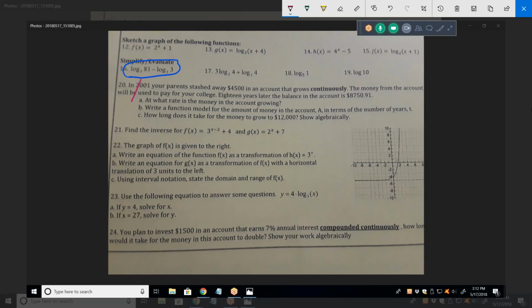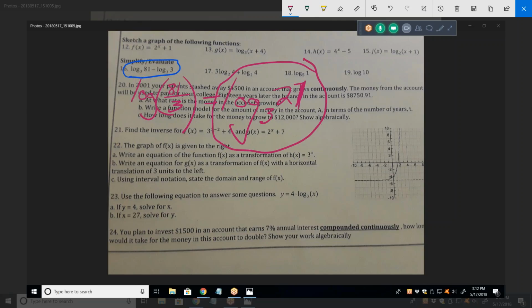You divide the arguments, right? The log base 3 of 21. That's what 81 divided by 3 is. Wouldn't it be 27? Thank you. I knew 21 wasn't correct because now I can't figure out what that is without a calculator.